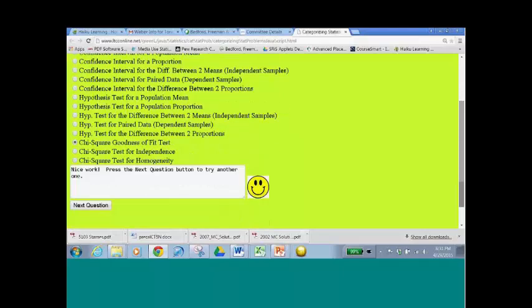It's always risky when you do one live and cold that you might miss it, but you do get immediate feedback, and if you get it wrong, you actually get a hint to get you back on the right track. So suppose I picked the wrong kind of chi-square test. You see the feedback, and then we can get a little hint here about testing for a distribution, not independence. So good job, we got it right.